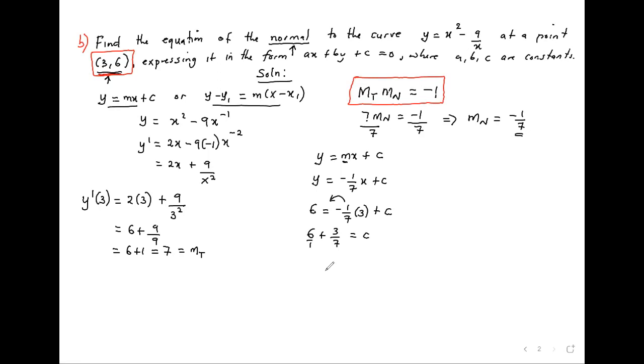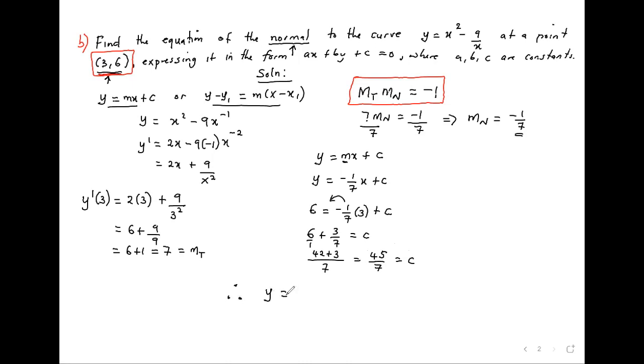So we'll have 7 down, and 7 times 6 is 42. 42 plus 3. So we'll get 45/7 as c.